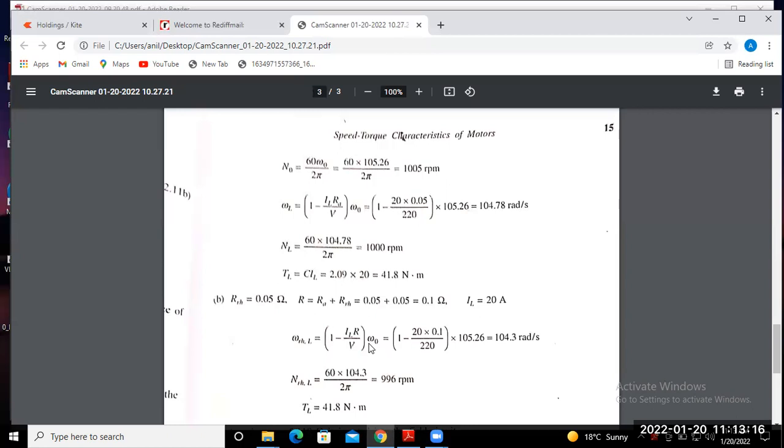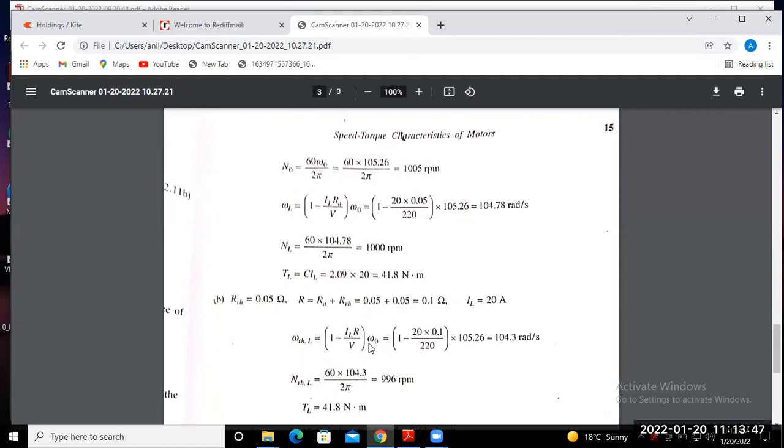Okay, now you just solve for part C. In part C, what we have to consider, that means external resistance is given as 110 ohm. Okay, so 110 ohm, if your rheostatic resistance is connected in series with the armature resistance, what is the total resistance value in the armature?